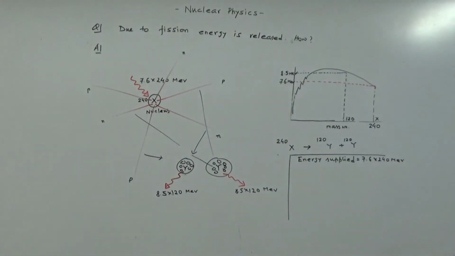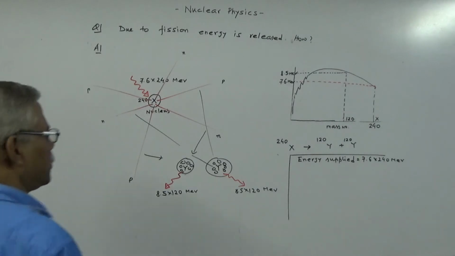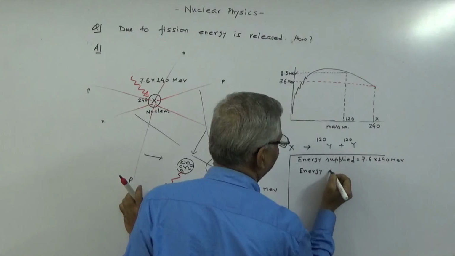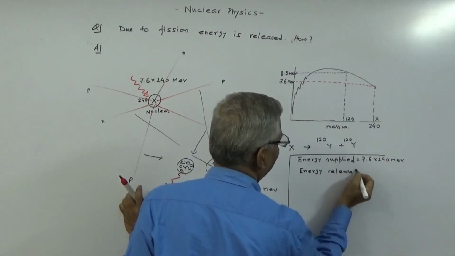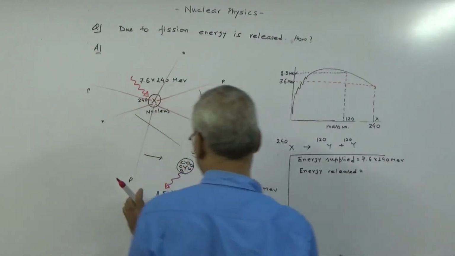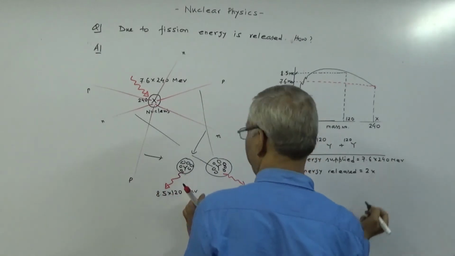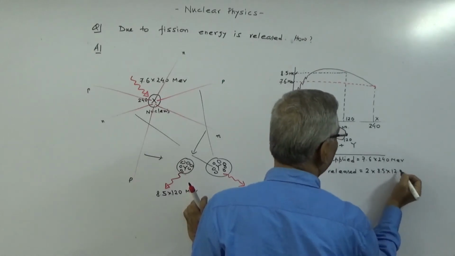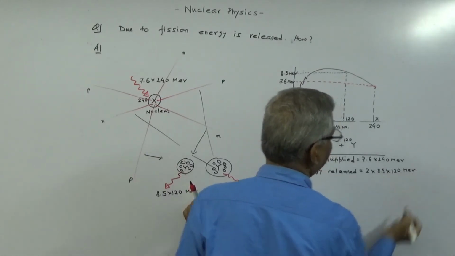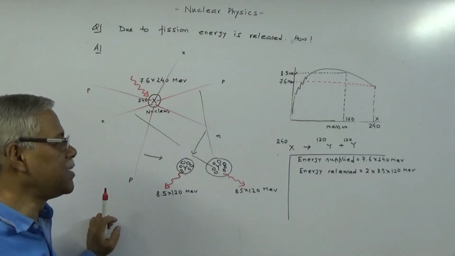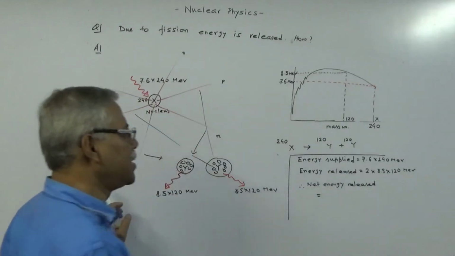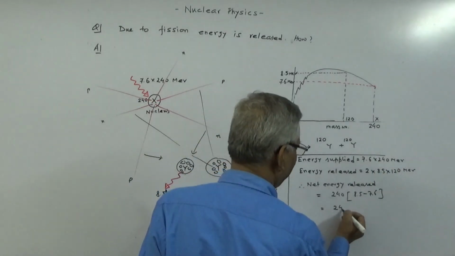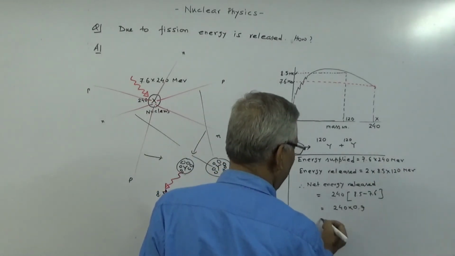Energy released equals 2 into 8.5 into 120 MeV. Hence, there is a net release of energy. Net energy released, this minus this, equals 240 into 0.9.